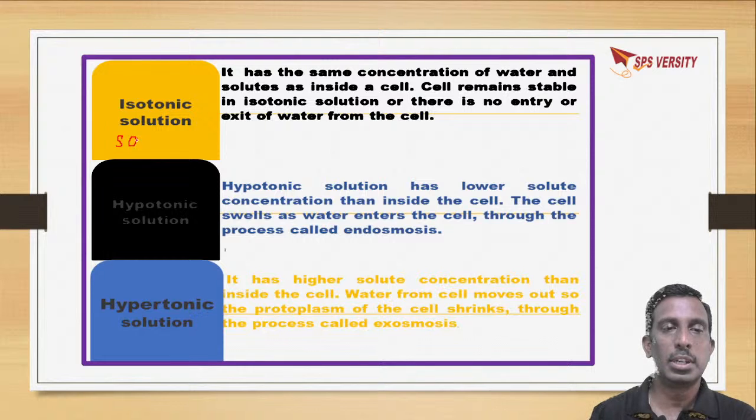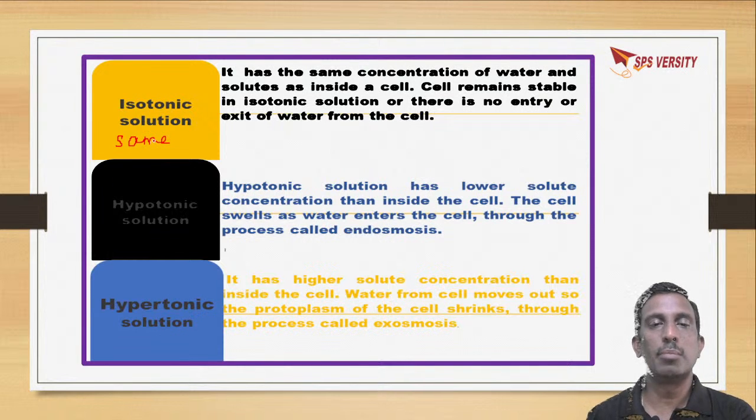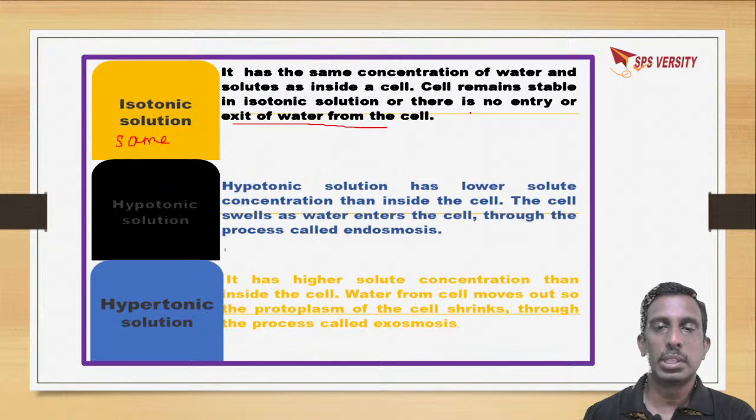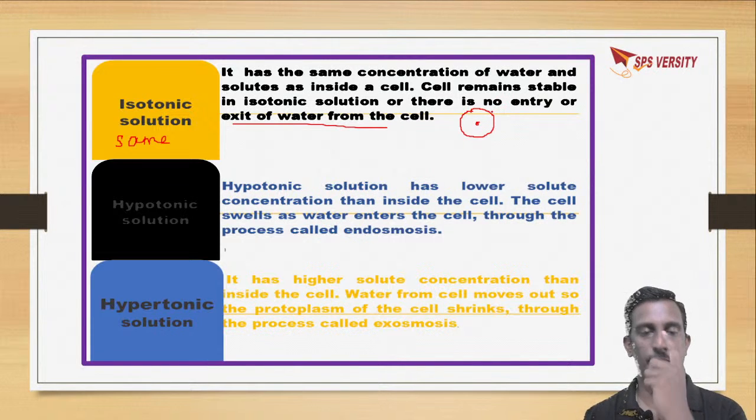So when the concentration of water is the same at both points, there is no entry of water or exit of water from the cell. That is, when the solution surrounding the cell and the cell both have the same concentration, there is no exit or entry of water.